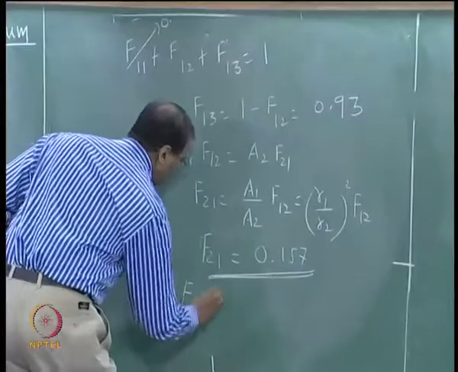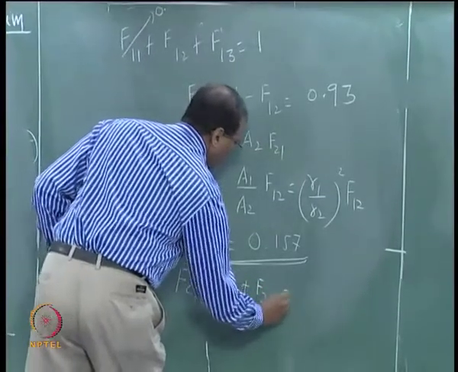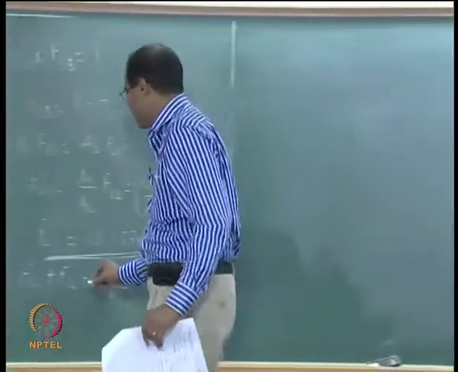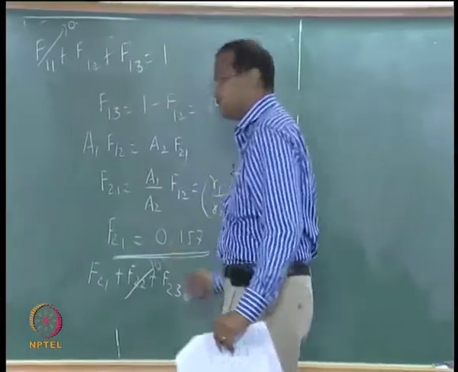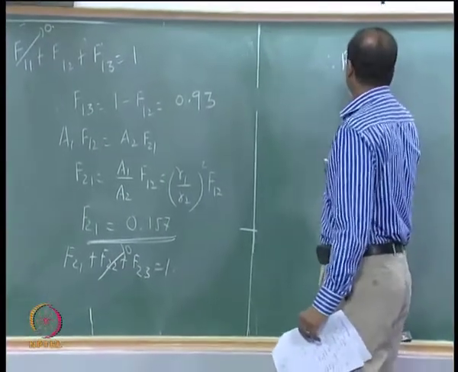F21 plus F22, F22 equal to 0, therefore F23.